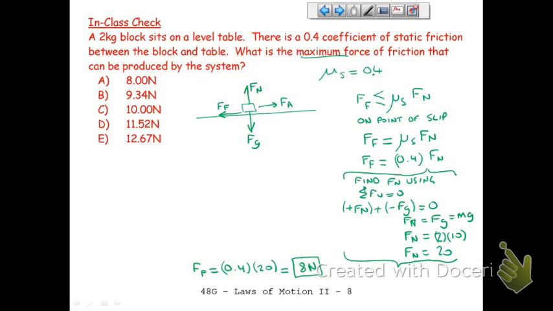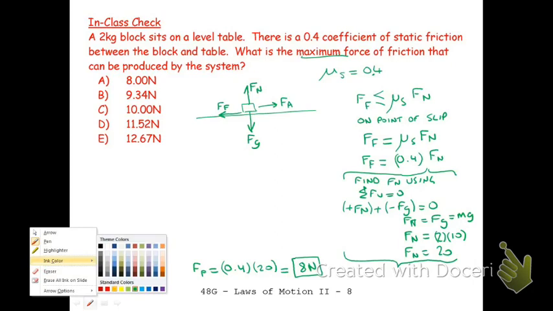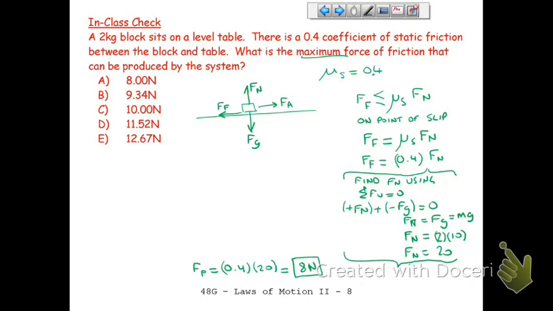You know, they can say, let me show it on here, that that is equal to that by observation. And they know that Fg equals mg, so they can figure it out in their heads.